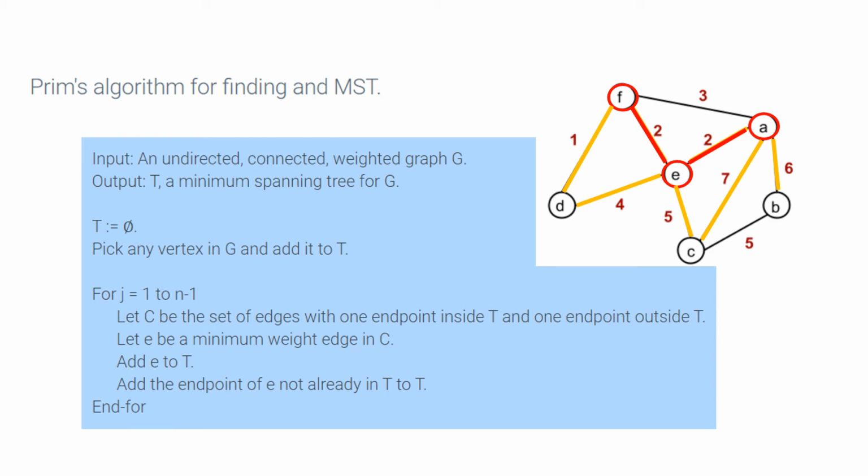Well, as soon as we added this edge E to F, then this edge FA is no longer a candidate, right? Because for one thing, we don't need it because we've already included the vertices A and F. But also, if we did include it, we'd see there's a cycle there. So I should have mentioned that first when we added.